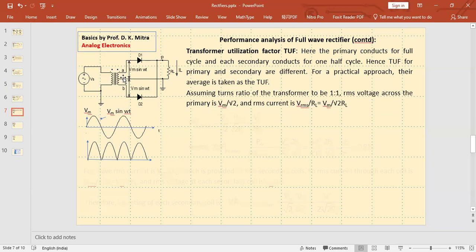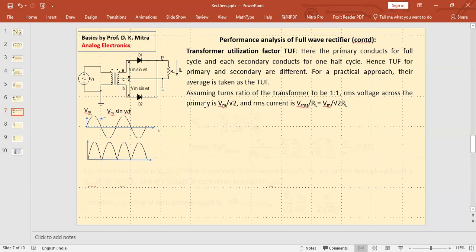Ratio of this transformer is 1:1. That means input primary number of turns, say 100, and each secondary is also 100. For example, 1:1.